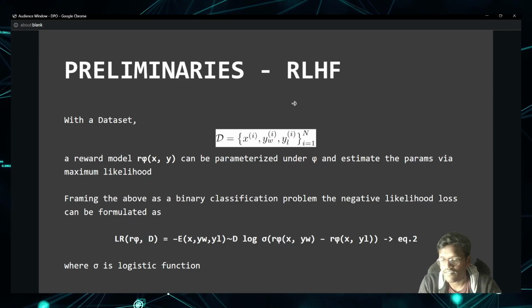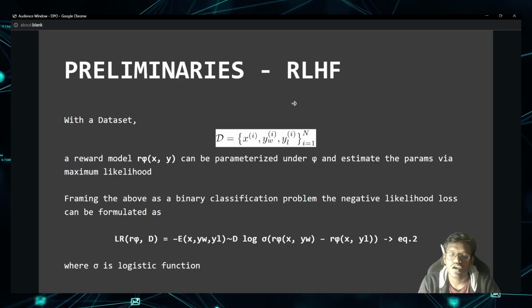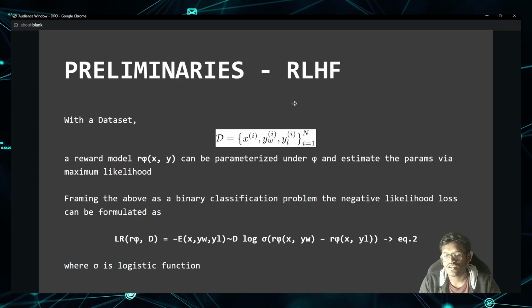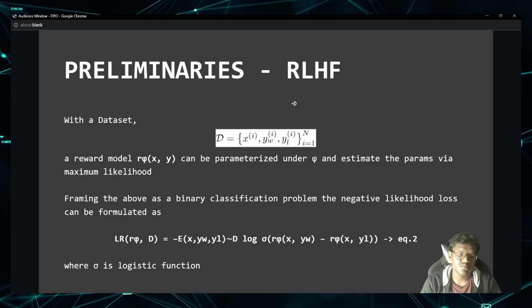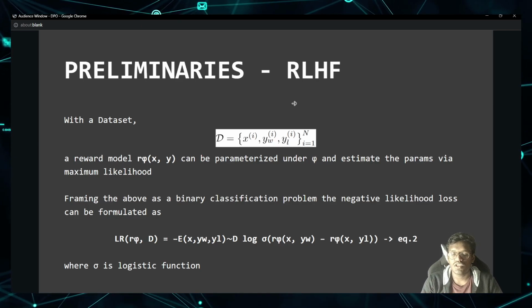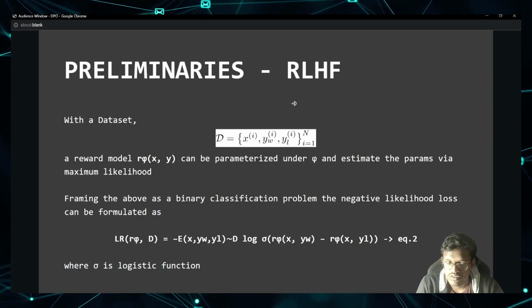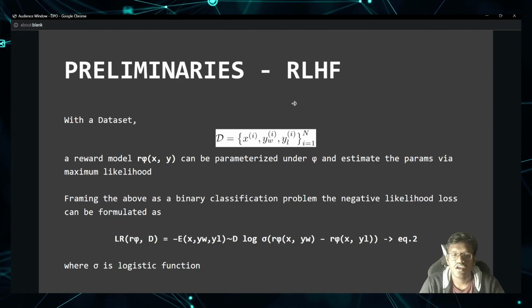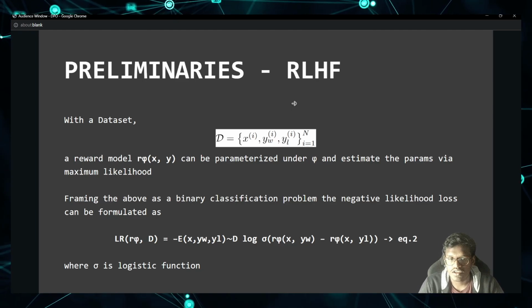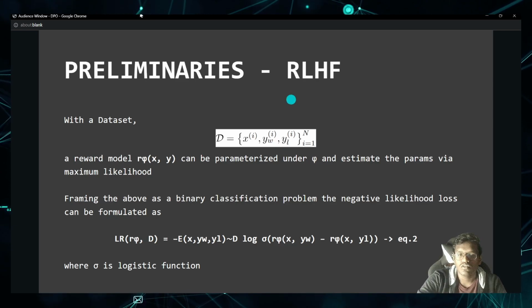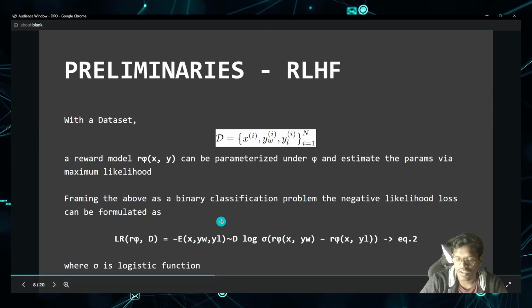In simple terms, we'll have a response, and we'll see how much reward there is for it being closer to the preferred response, and how much reward for it being close to the dispreferred response. In this way we'll calculate the reward, and by that we'll also get the negative likelihood loss. Here E means expectation.